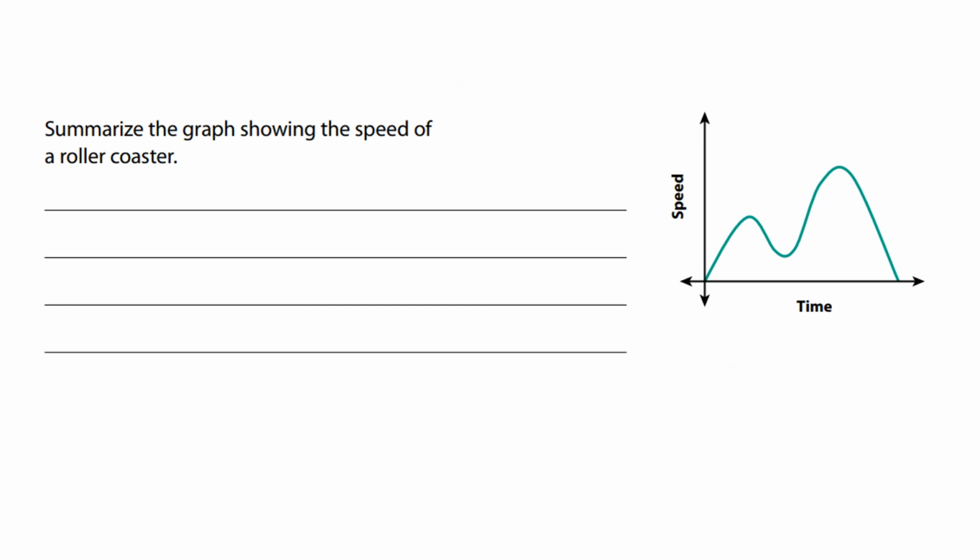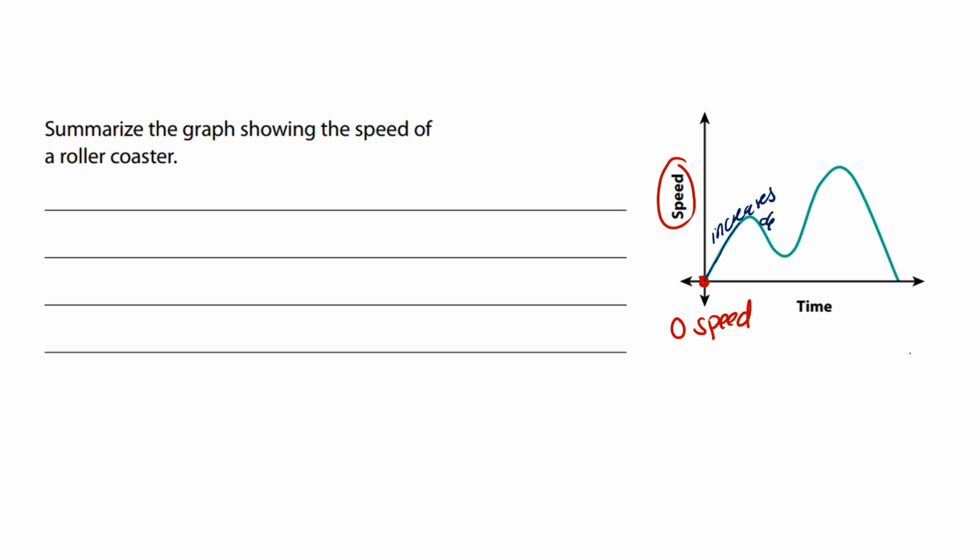Summarize the graph showing the speed of the roller coaster. So again, we're talking about speed. Our 0 point would be 0 speed. If this is a roller coaster, that means the roller coaster starts off at a speed of 0. The roller coaster increases speed. That's most likely when it takes off.